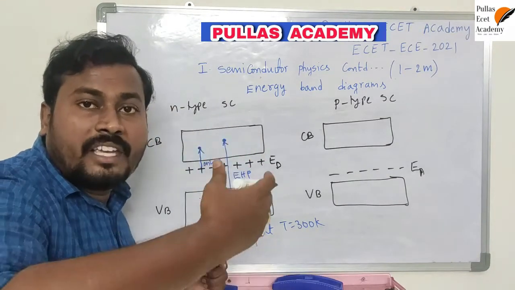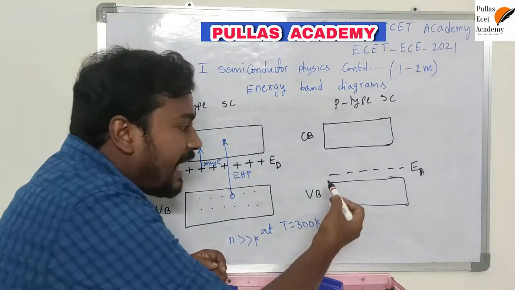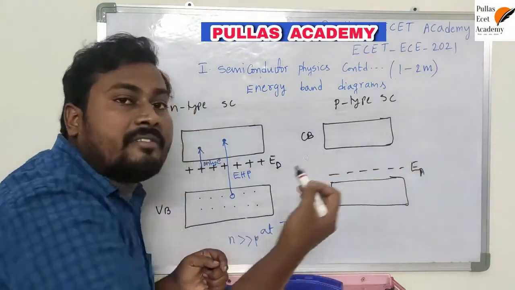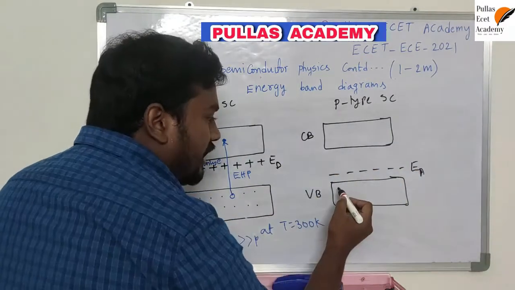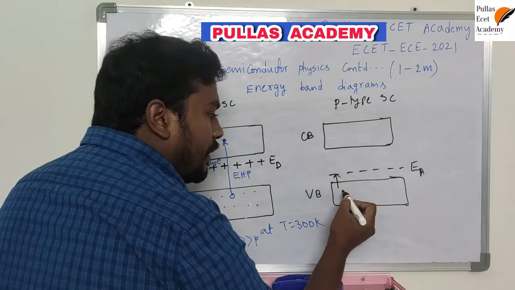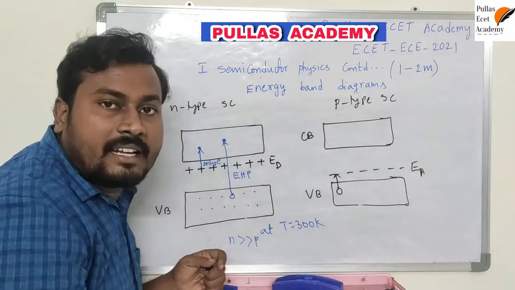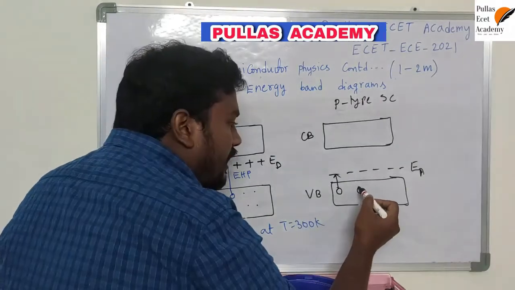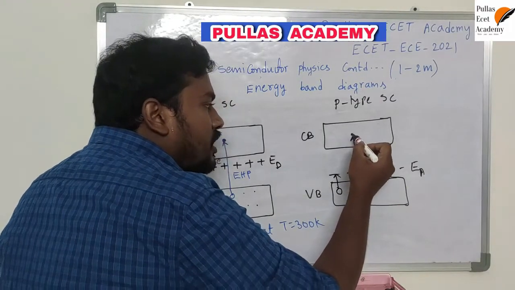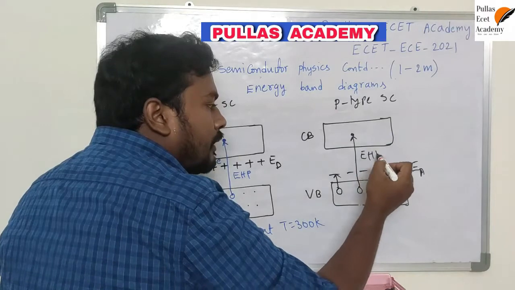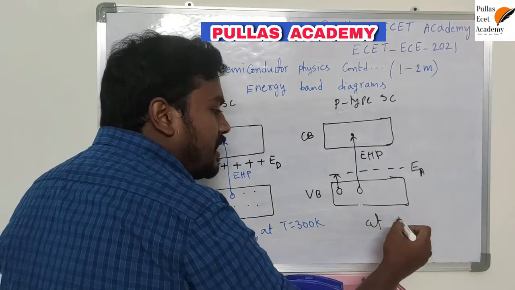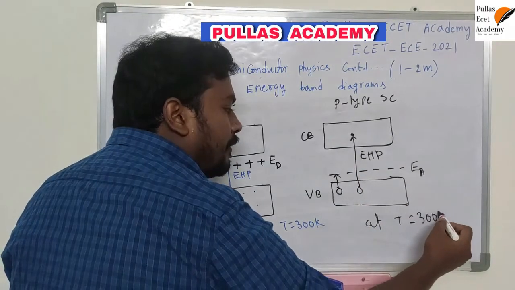By accepting electron, it becomes negative charge. Okay. So this acceptation will happen at T equal to 100 Kelvin. And at T equal to 300 Kelvin, EHP generation takes place.